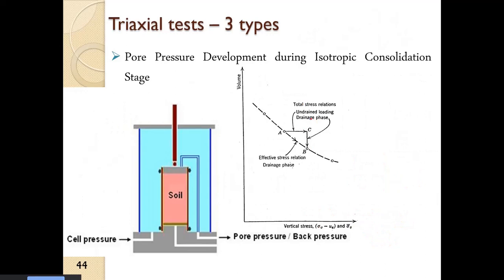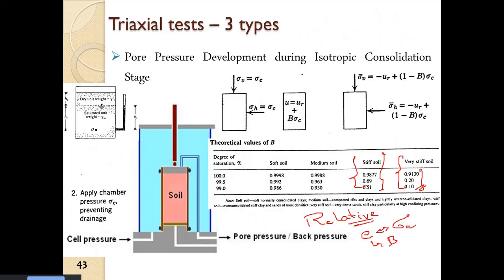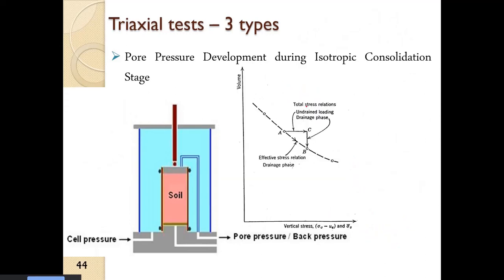So once the soil now moves on to the normally consolidated state, we have a normal consolidation curve. Where as the effective stress goes on increasing, we have a decrease in the volume of the soil, if it is drained.